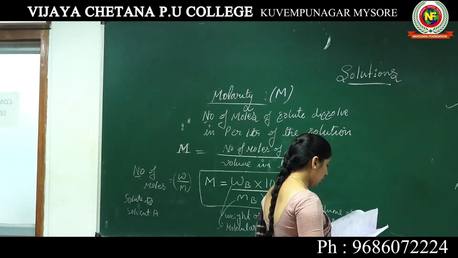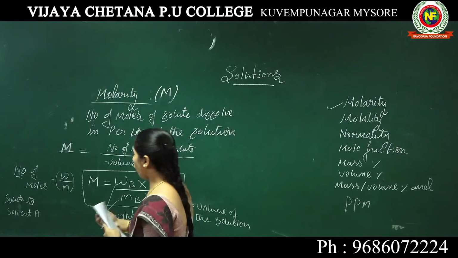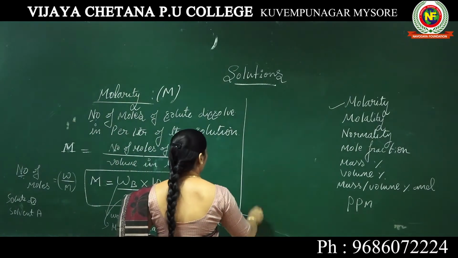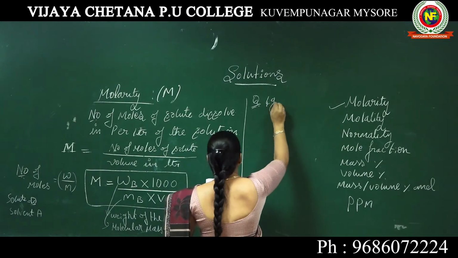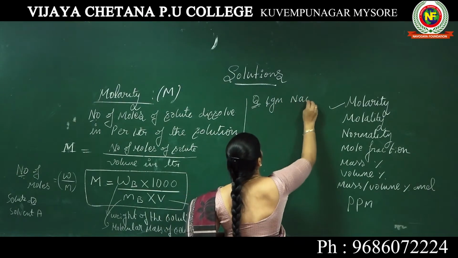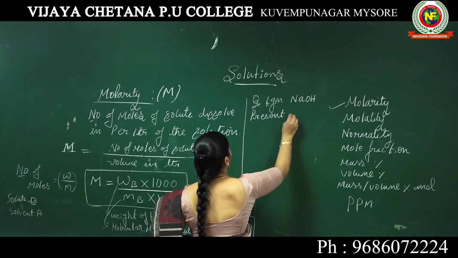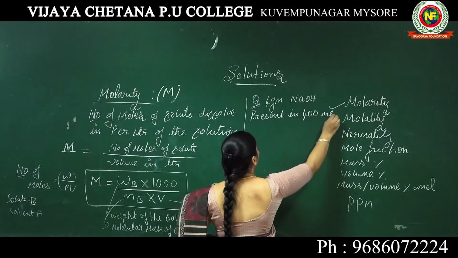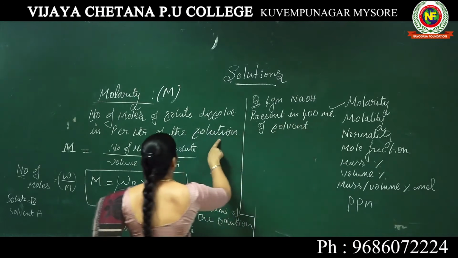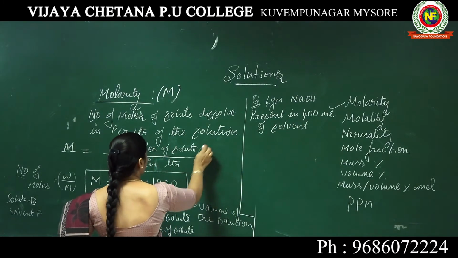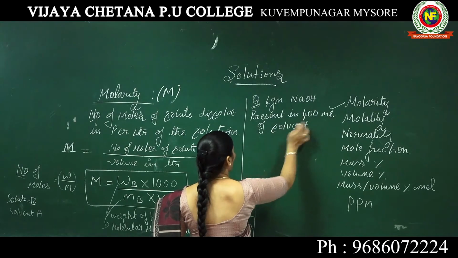The question is based on molarity: 4 gram of NaOH is present in 400 ml of solution. So 4 gram of NaOH present in 400 ml of solution.